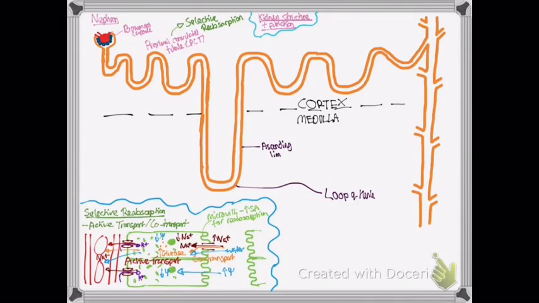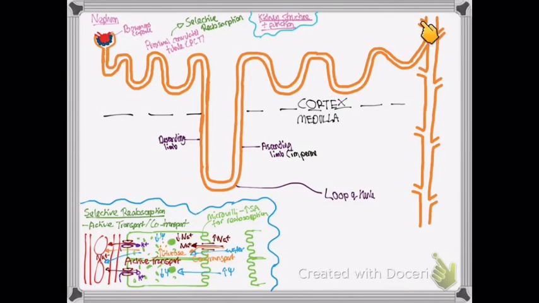So that is selective reabsorption. Now let's look at the loop of Henle and its role as a countercurrent multiplier mechanism. The loop of Henle has a really important role to basically set up the right gradients, the right water potential, of both the tubule and the medulla.